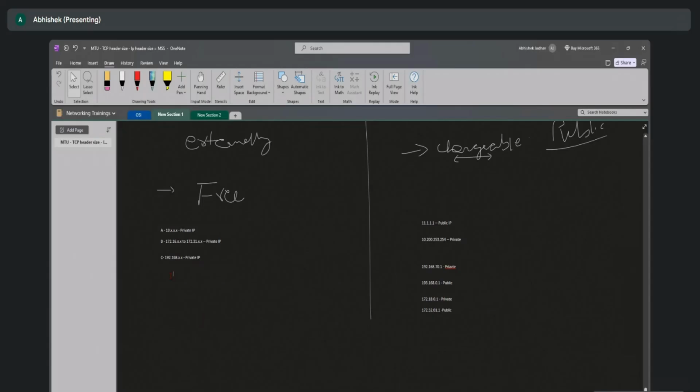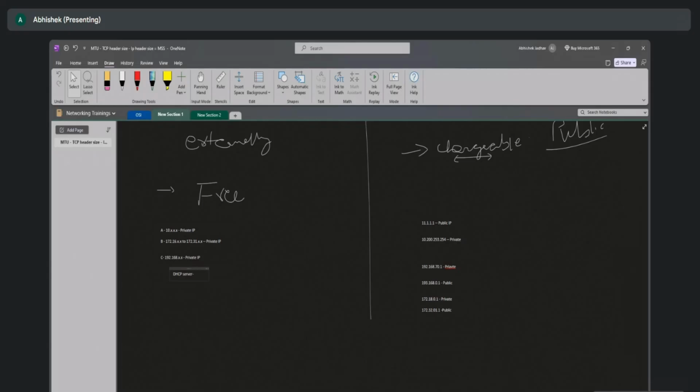So every one of us has a router, or we are using mobile devices and connecting our laptops or devices using mobile hotspots, right? Those hotspots or routers have a DHCP server inbuilt. That DHCP server has a pool of IPs which it stores.